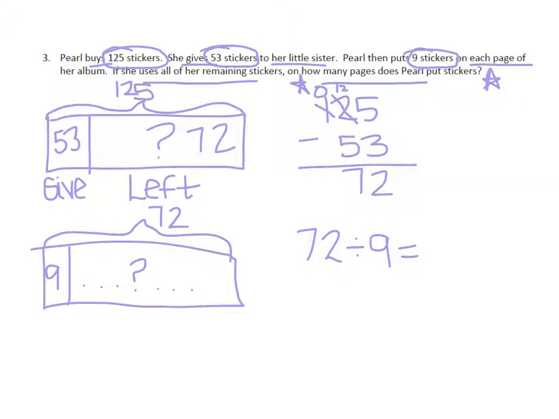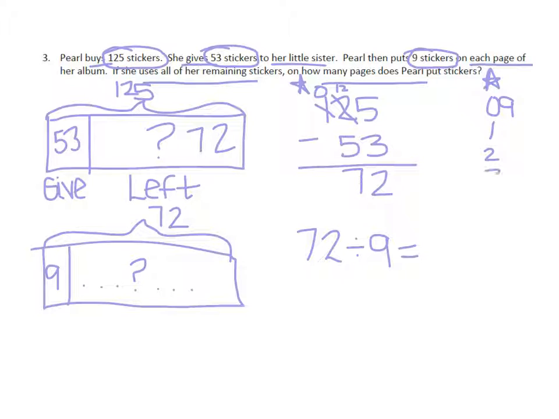What number will I need to write down as my skip counts? So I'm going to have to write down my 9s. Pause the video while you work to find 72 divided by 9. Then go ahead and put your answer as a statement. Remember to restate the question. Pause the video while you work and replay when you are ready.